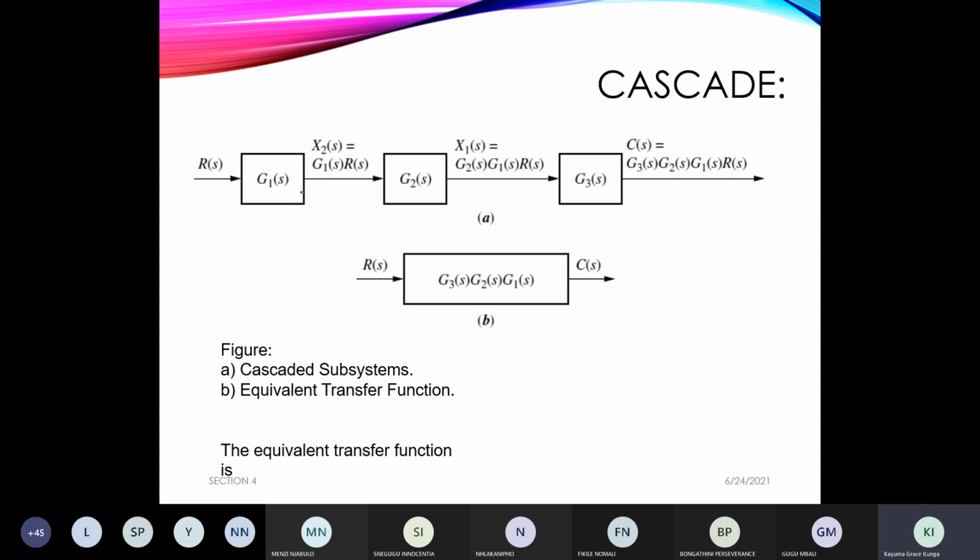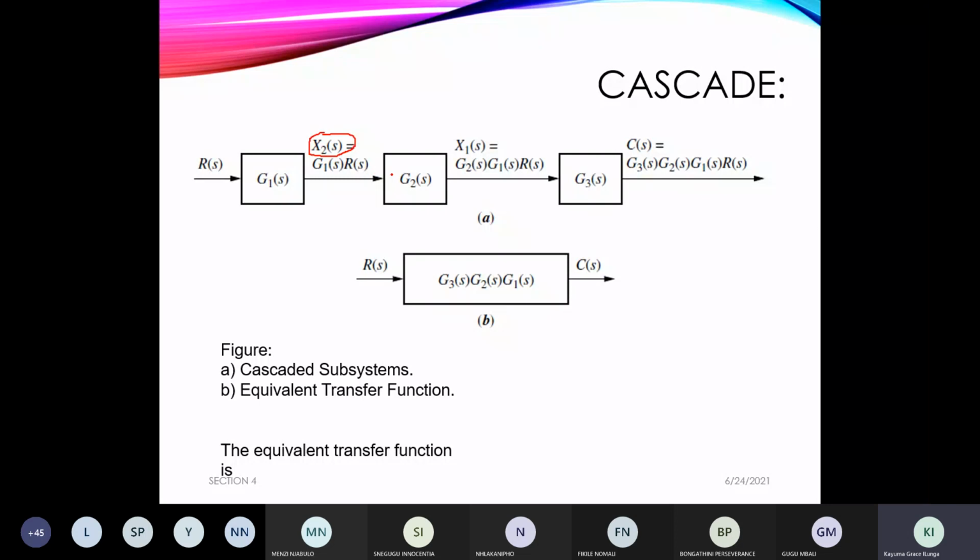So here they're just showing us in short, calling this signal, they say this one is like X2. So X2, they just consider the output of this first block diagram. We know that all of us that the output is equal to the input times the block diagram. That's why they write here G1 of S times this one.